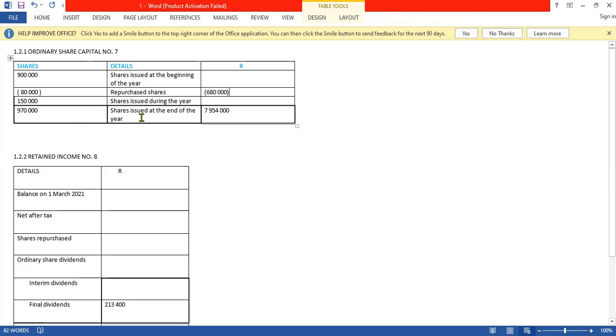So when you don't have your shares at the beginning but you have your shares at the end, you simply say 970,000, then you subtract 150,000, what was added, which is now going to be subtracted.